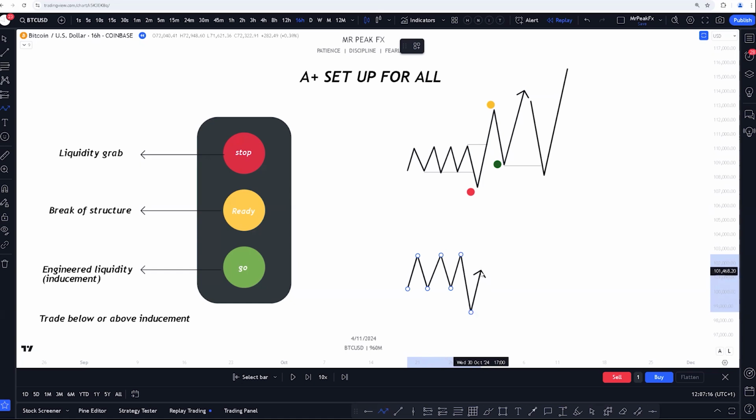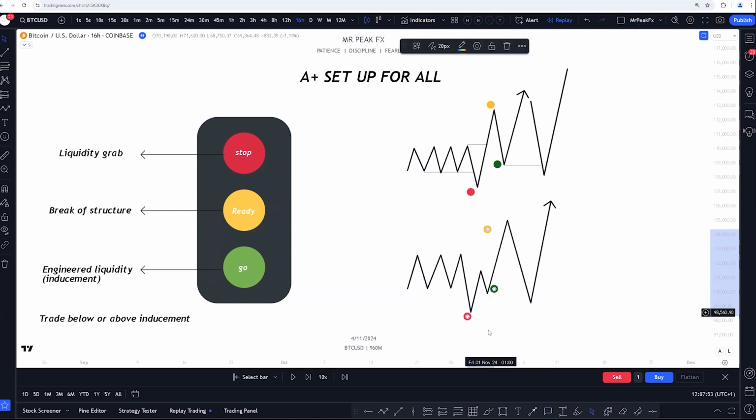Then price can actually engineer liquidity before breaking structure, so that price will come back to mitigate or to trade below the liquidity area. So from what we can see, we have a liquidity grab, a break of structure, and liquidity engineered.